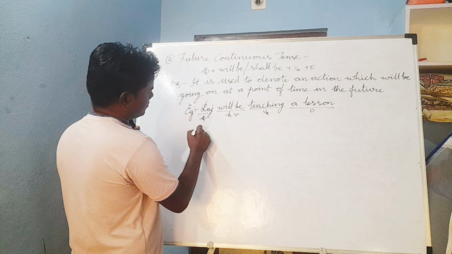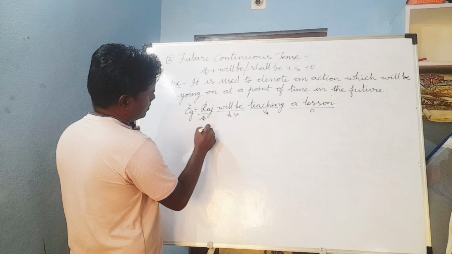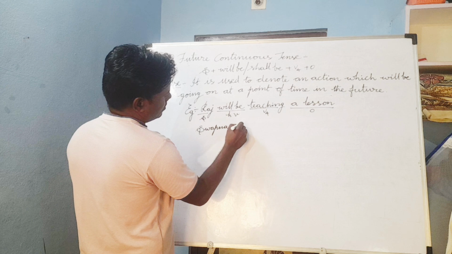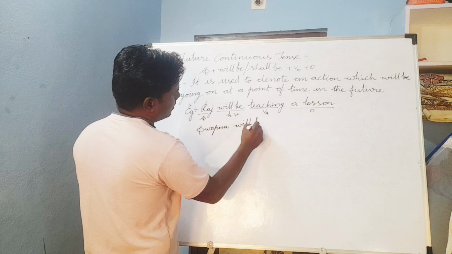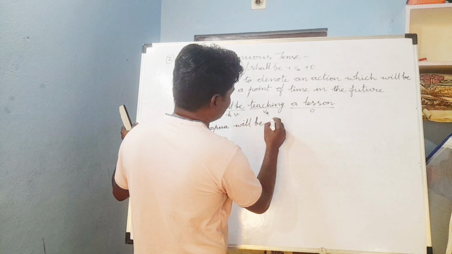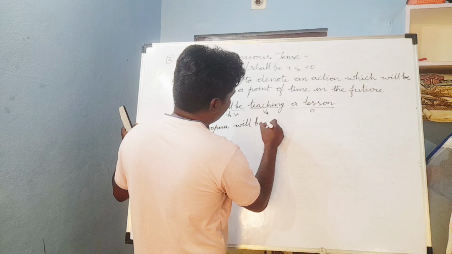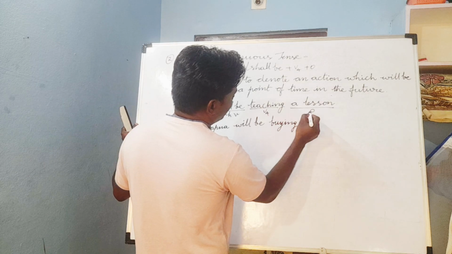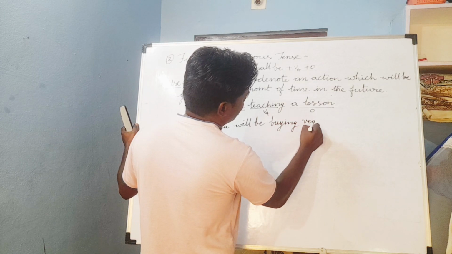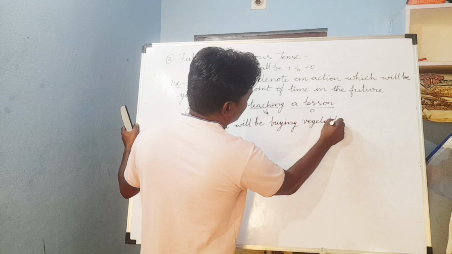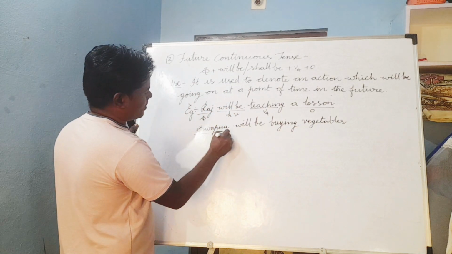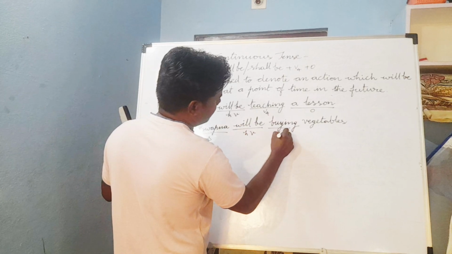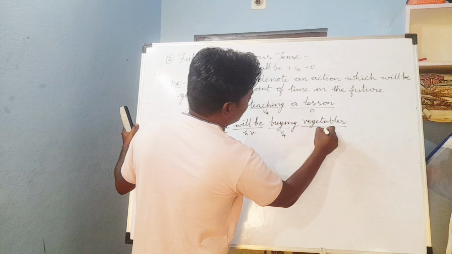Next, Swapna will be buying vegetables. Swapna is the subject, will be is the helping verb, buying is the V4 form, and vegetables is the object.